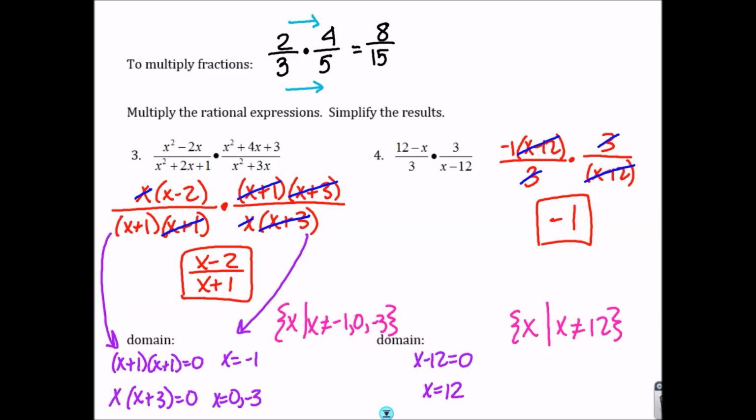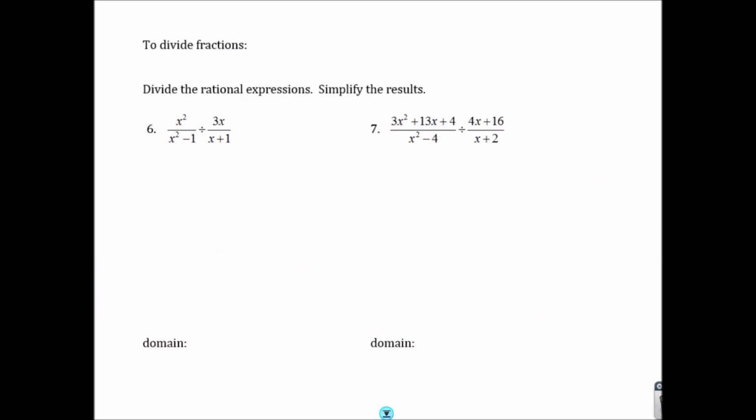Let's take a look at division. So again, let's go back to elementary school. To divide fractions, if I have 2/3 divided by 4/5, the way I was taught to remember this is keep, change, flip.